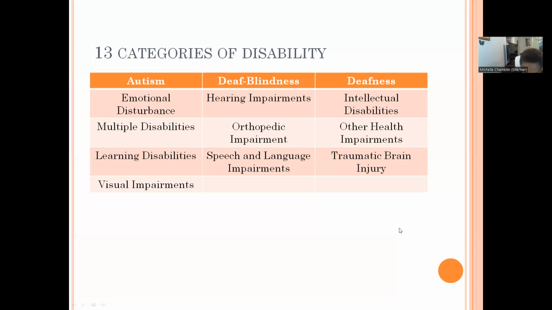Number 6: describes significantly below average intellectual functioning as well as concurrent deficits in adaptive behavior. It is manifested between birth and age 18 and negatively affects educational performance.